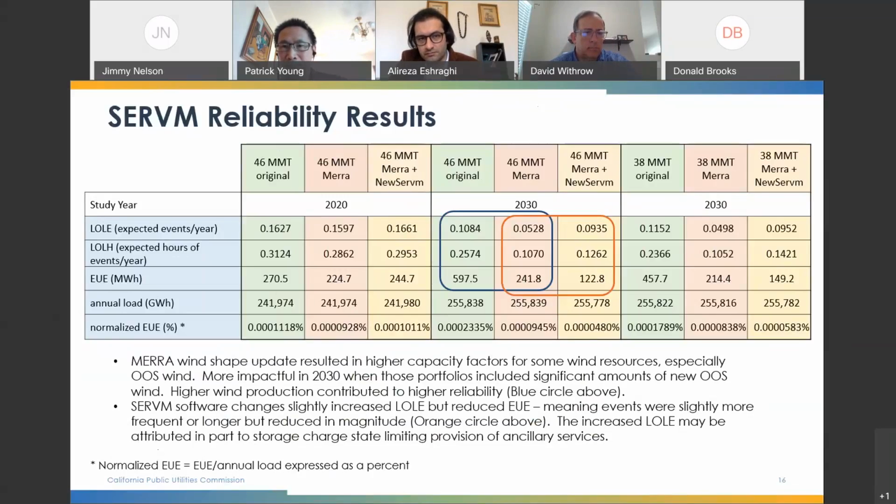A whole lot more batteries, especially, and while we don't have the most precise or totally studied answer to this, I am suspecting that it is the contribution of the large quantity of new storage and the changes we made around the way storage behaves, both with producing ancillary services and with needing to pick up maybe smaller events because of the greater flexibility of what the thermal fleet is able to do.